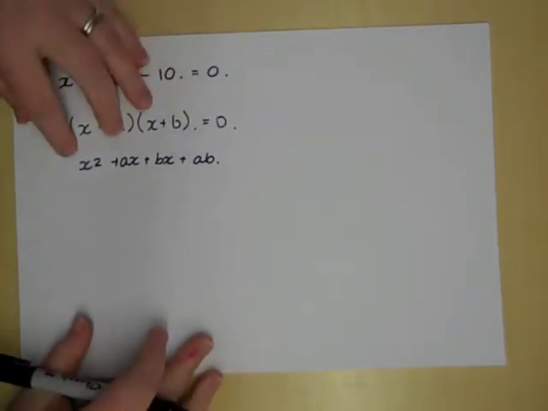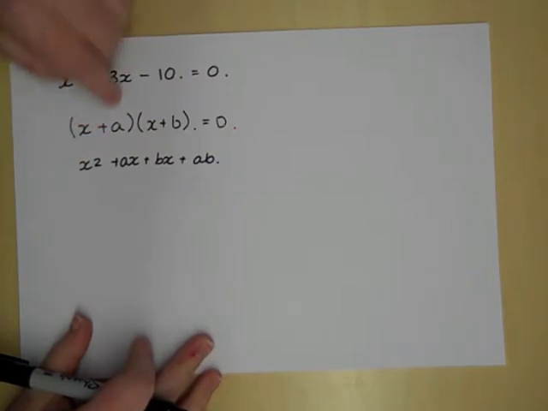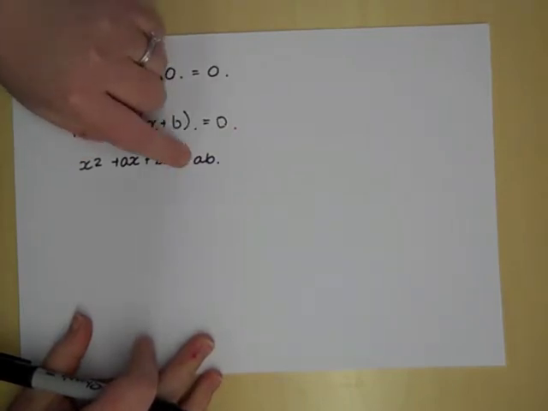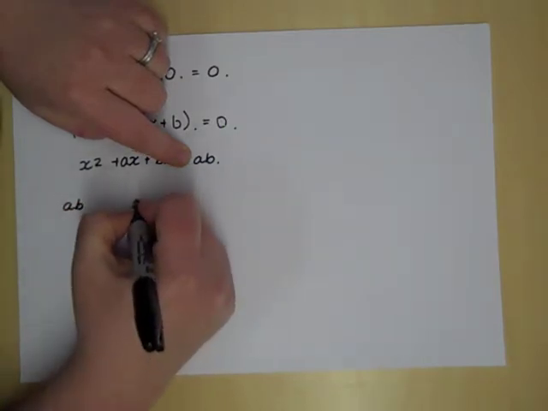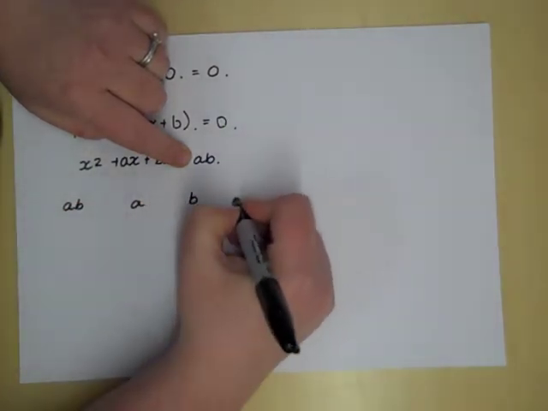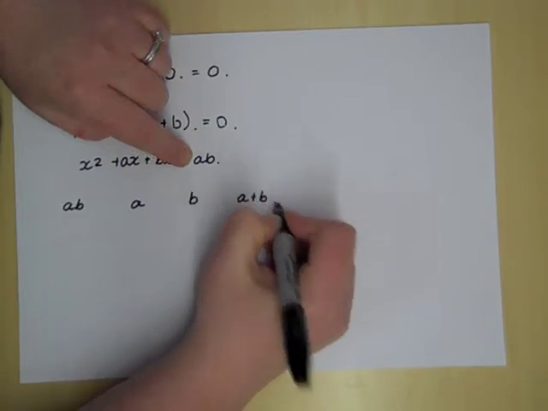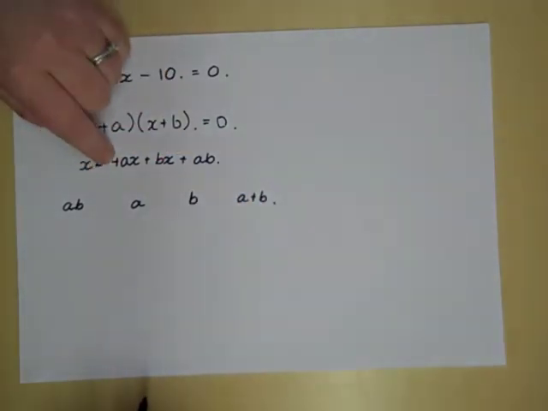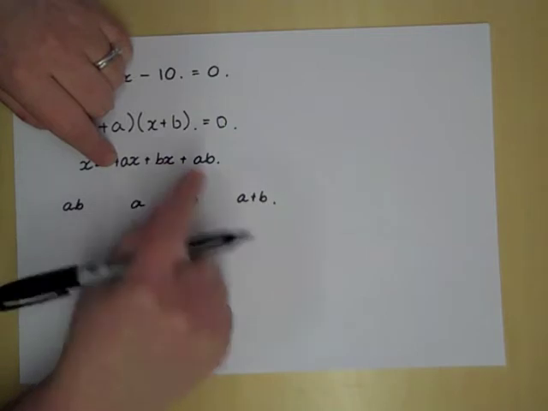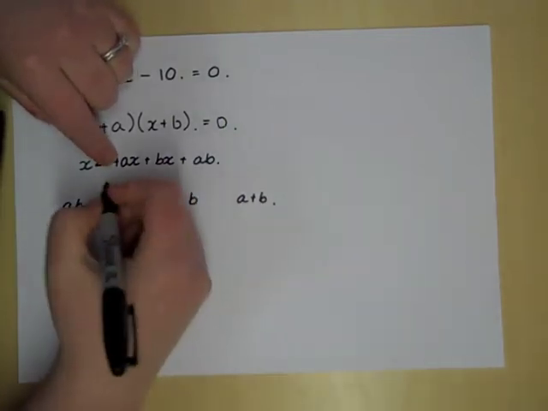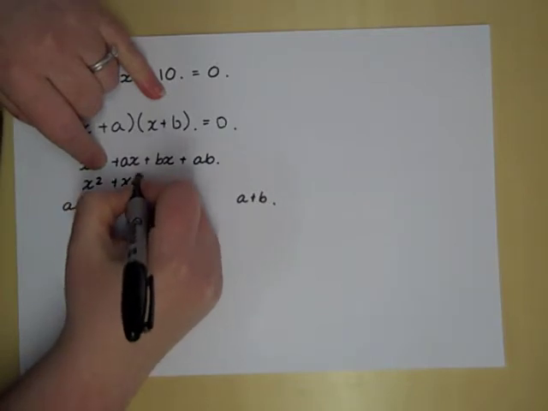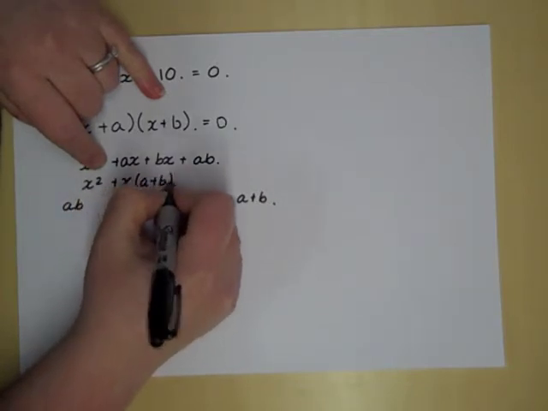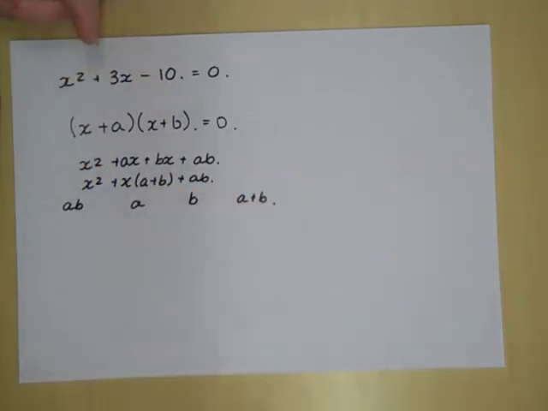So if I set up a little table which has AB in it and has A and B and then A plus B, because I can factorise this middle term. There is an x in each of them, so I can rewrite this as x squared plus x into A plus B plus AB.